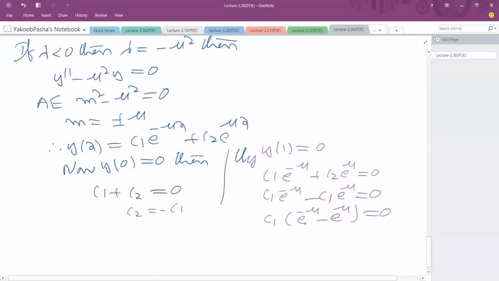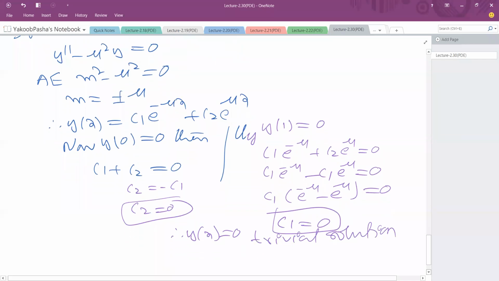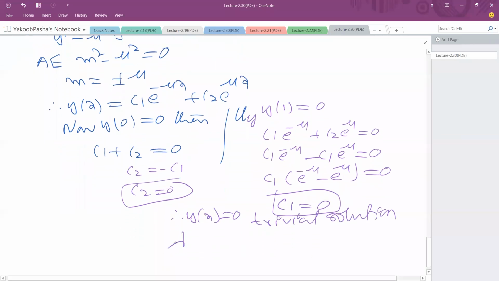So we know that the exponential function is never 0, so c1 is equal to 0. When c1 is equal to 0, c2 is also 0. In this case also, y of x is equal to 0. This is a trivial solution. That means lambda negative, lambda less than 0, has no eigenvalue.